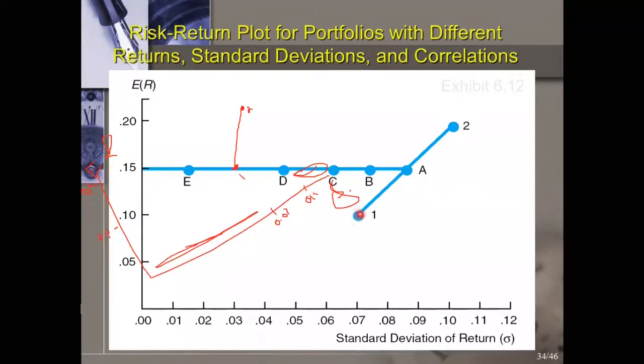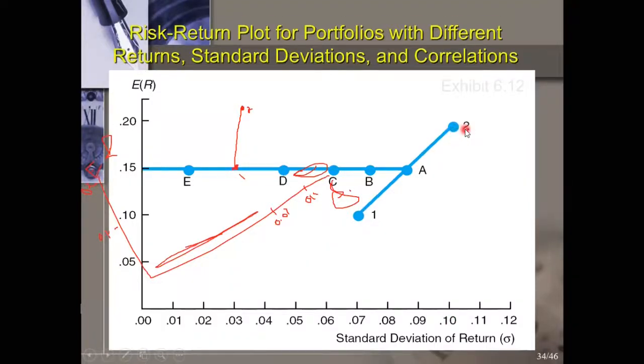We have a return of 10% with 7% standard deviation, or 7% risk. And if we have investment only in asset 2, we have a return of 20% with 10% risk.